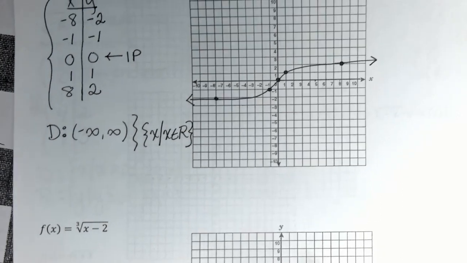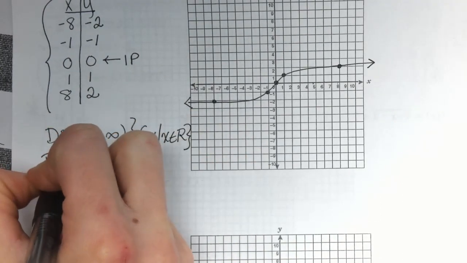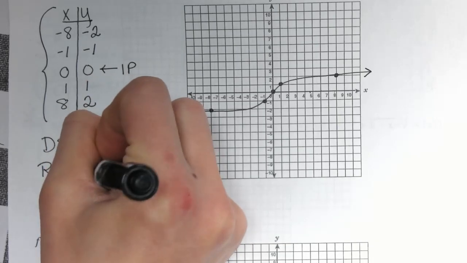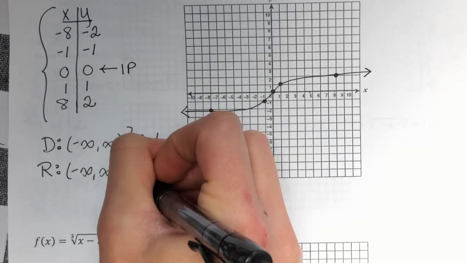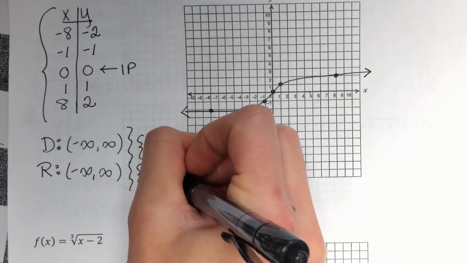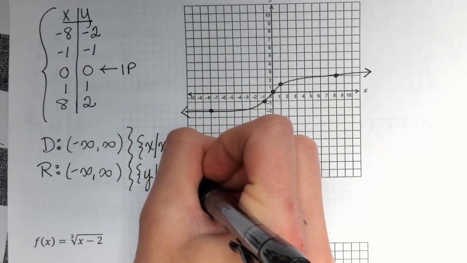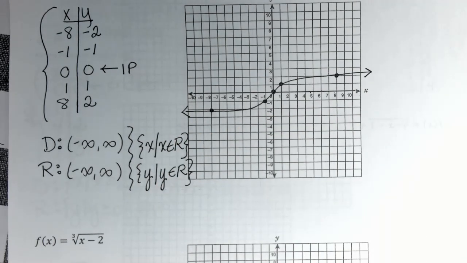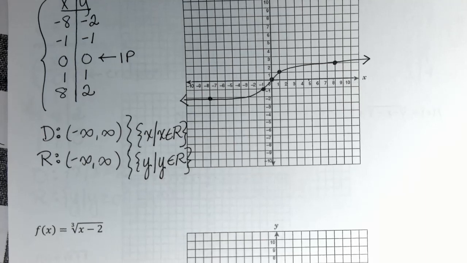Okay? For my range, same thing. I have an arrow on both ends. It's going to be negative infinity to positive infinity for every single cubic function. So set builder would be y is a member of all real numbers. Okay?